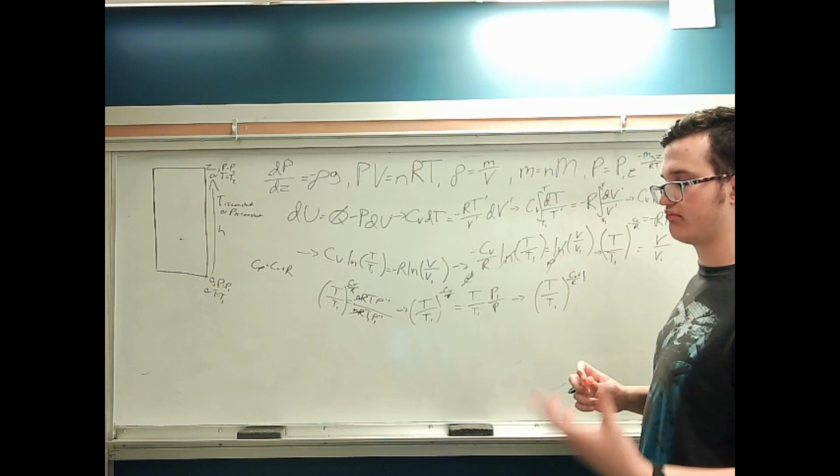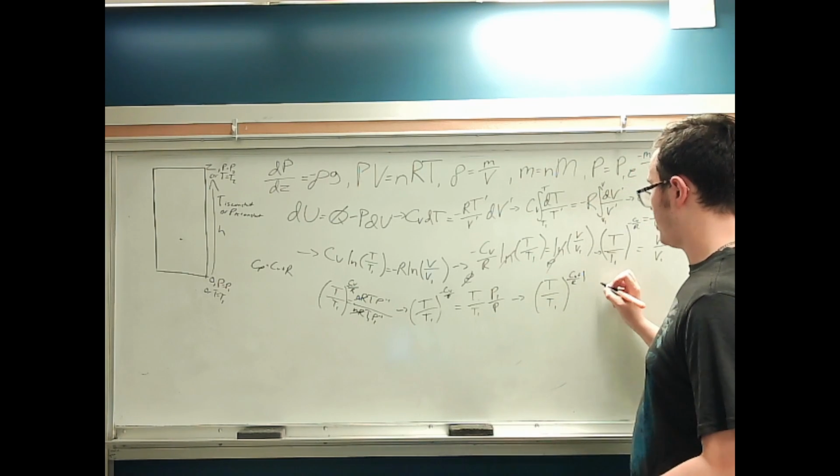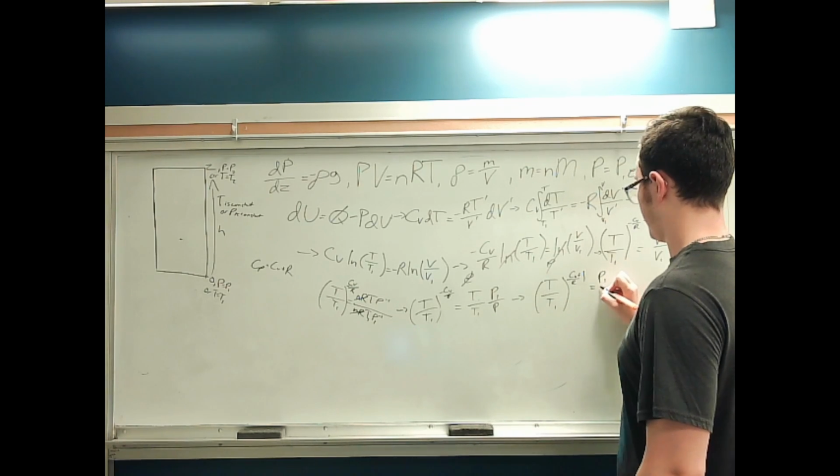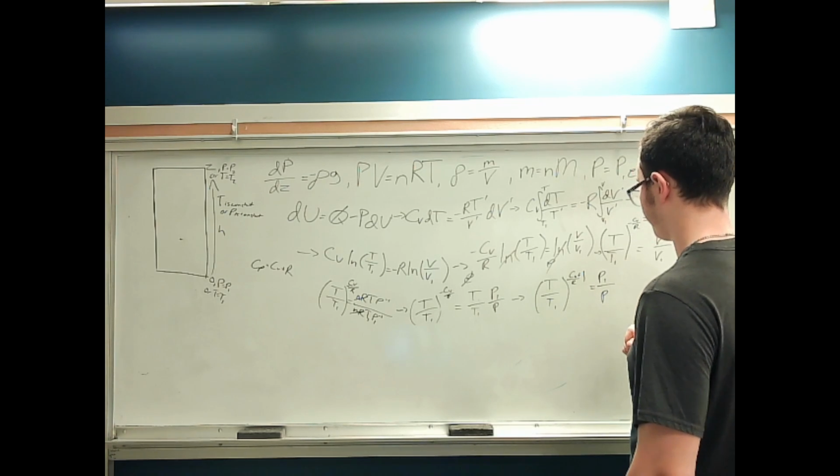Specific heat added over ideal gas constant plus 1 is equal to starting pressure over actual pressure.